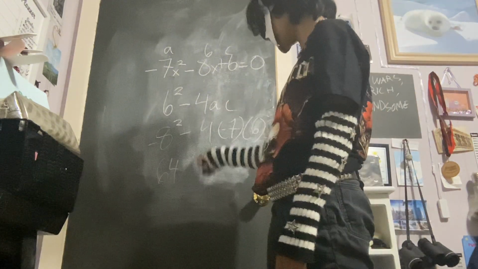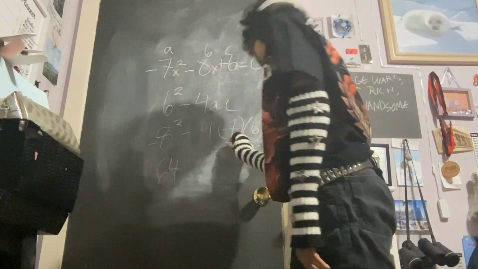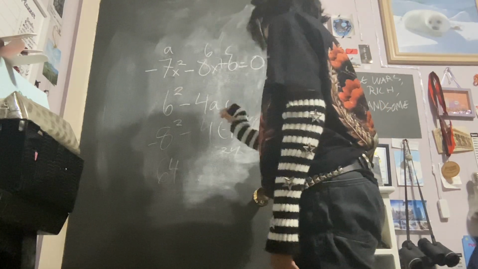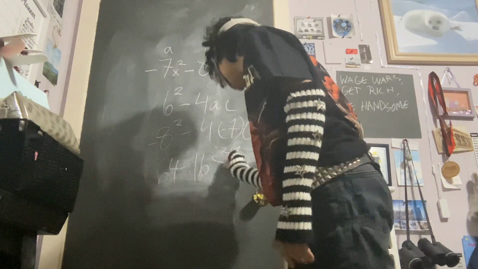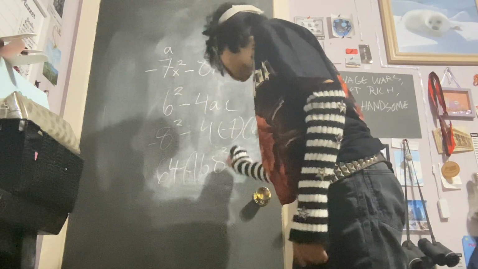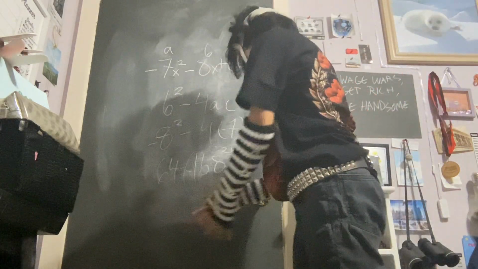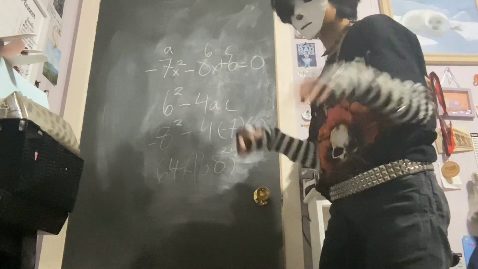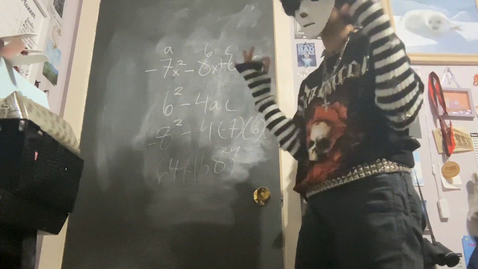Anyways, 4 times 6 is 24, and that times 7 is, I think, 168, and that's also a negative. Now if it's a positive number minus a negative number, it's basically adding those numbers together. It's like the number line. I think you already know this.